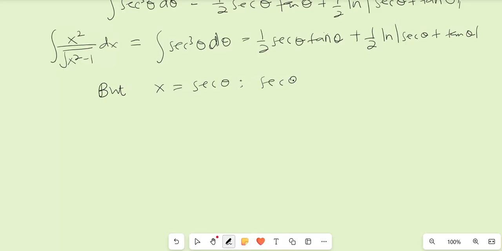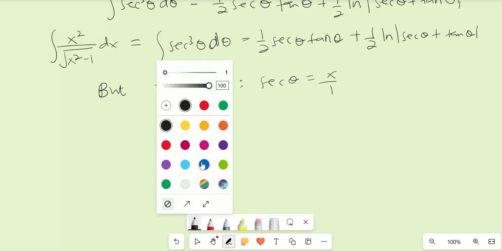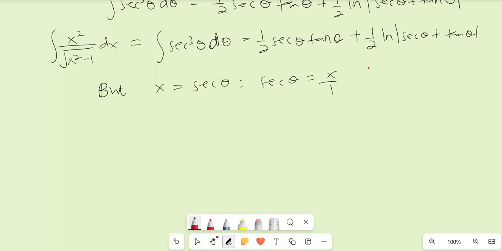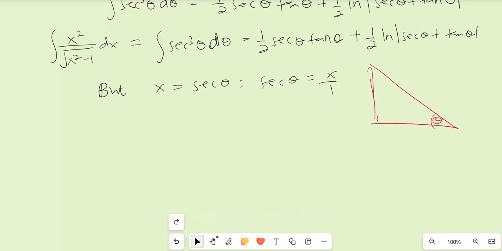So that means secant theta is just equal to x over 1. So we can draw a right triangle. Put our angle here, theta. This is the opposite side, and this is the right angle. Secant is hypotenuse over adjacent. The side always opposite to the right angle is the hypotenuse.